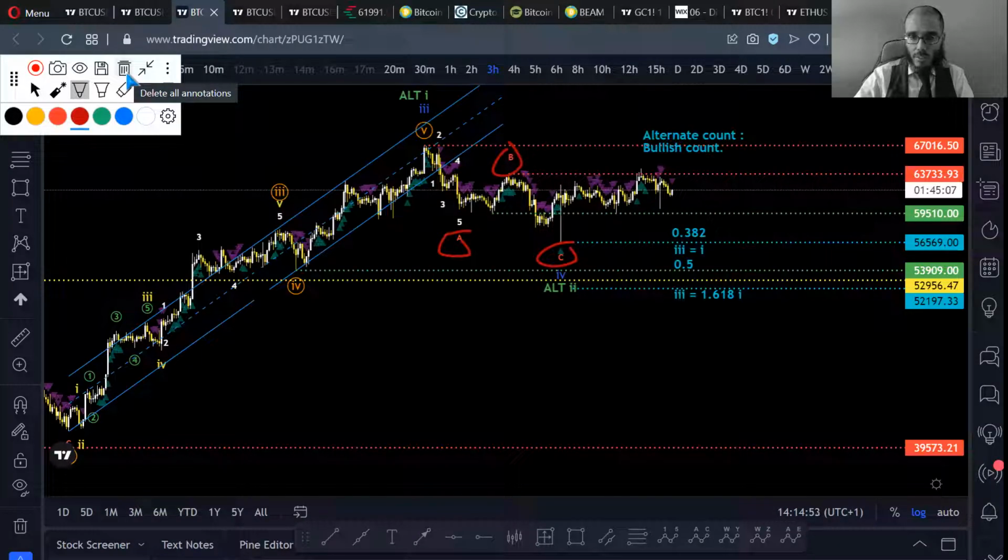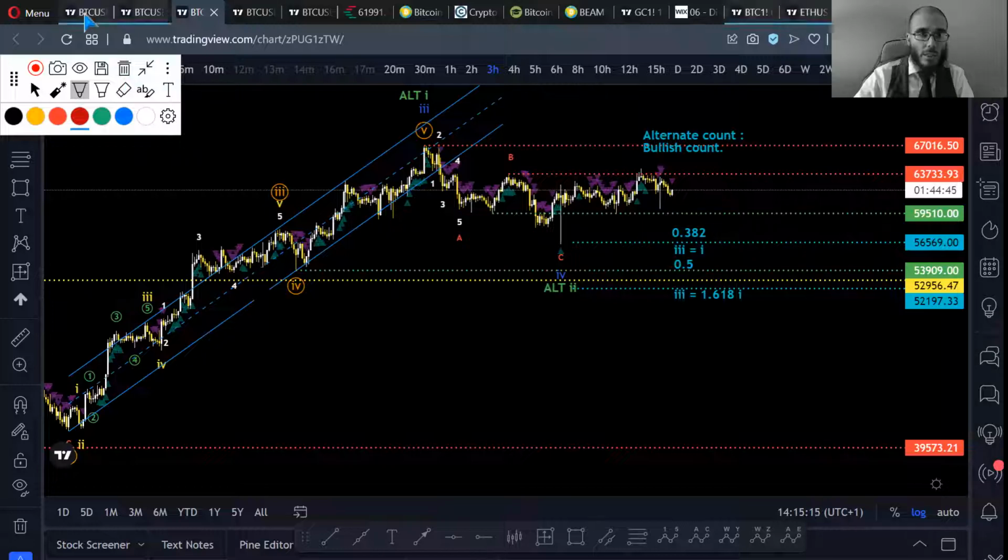So it is extremely doubtful that this count is correct, because if your C is here, it makes it less likely. If the C reaches our target, then it makes it more likely. But since it's a flash crash and the flash crash didn't happen on every exchange, it makes it less likely.